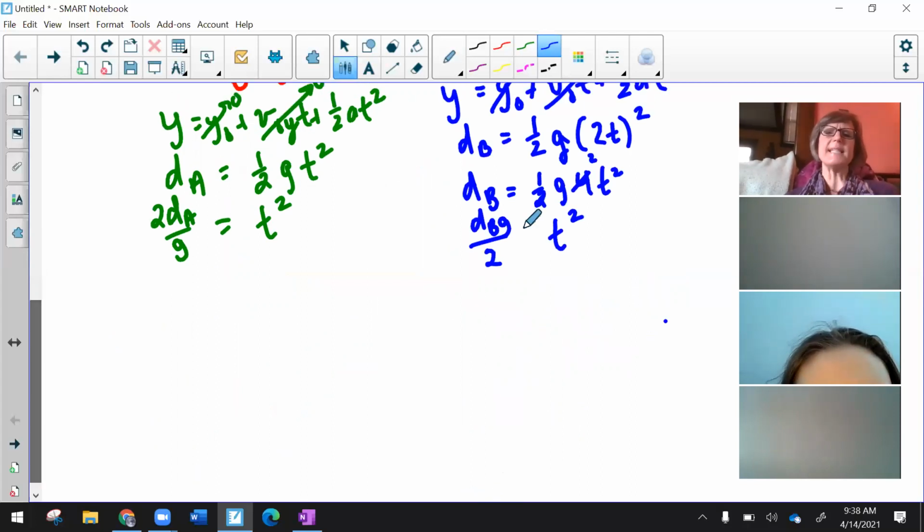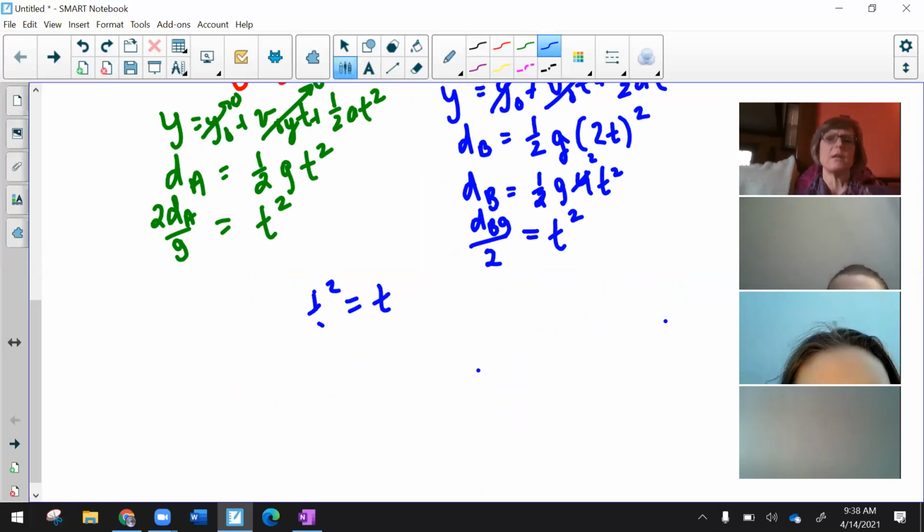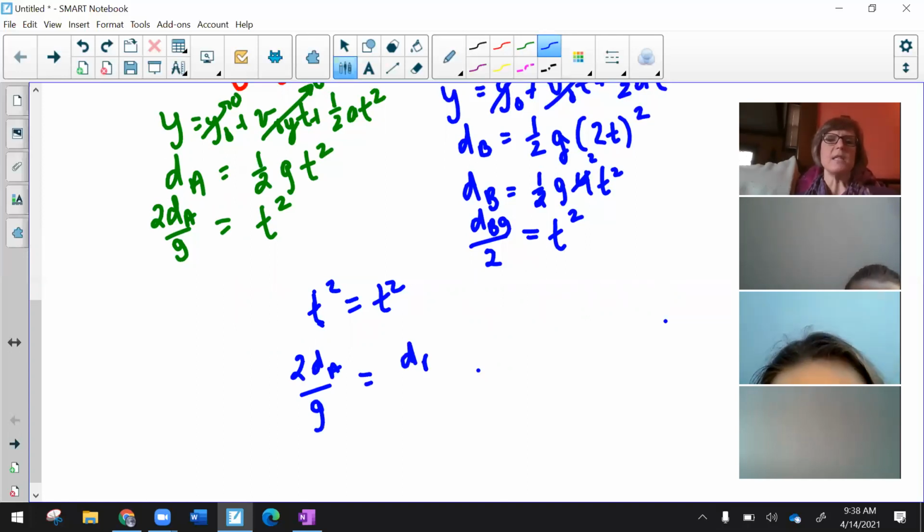So if I set my t squareds equal to each other, then I've got 2dA over g is dB g over 2.